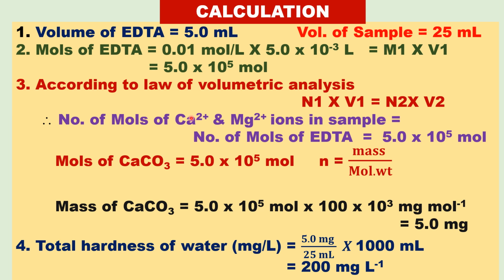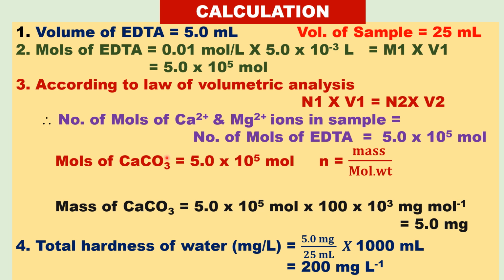The total hardness is the sum of concentrations of calcium ion and magnesium ion present in the sample. Therefore it equals 5 into 10 power minus 5 moles.